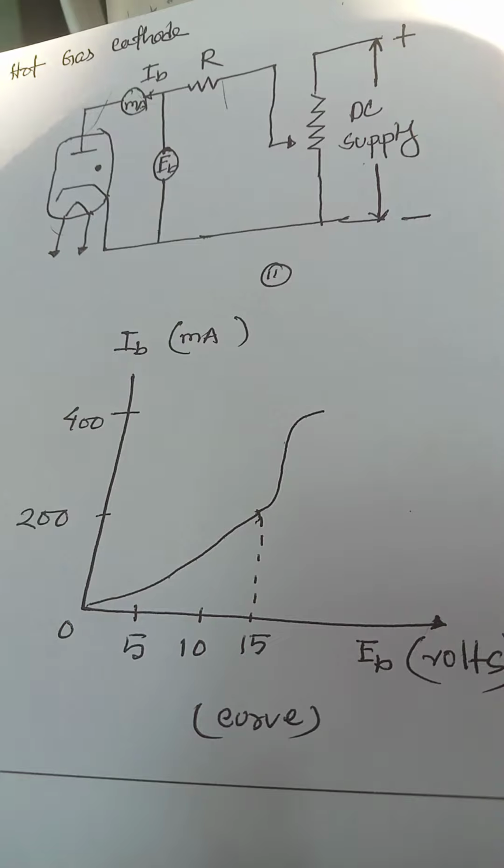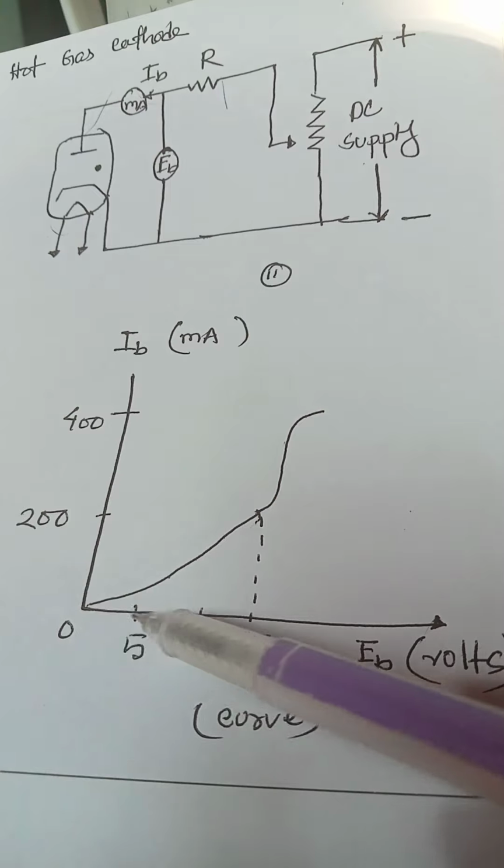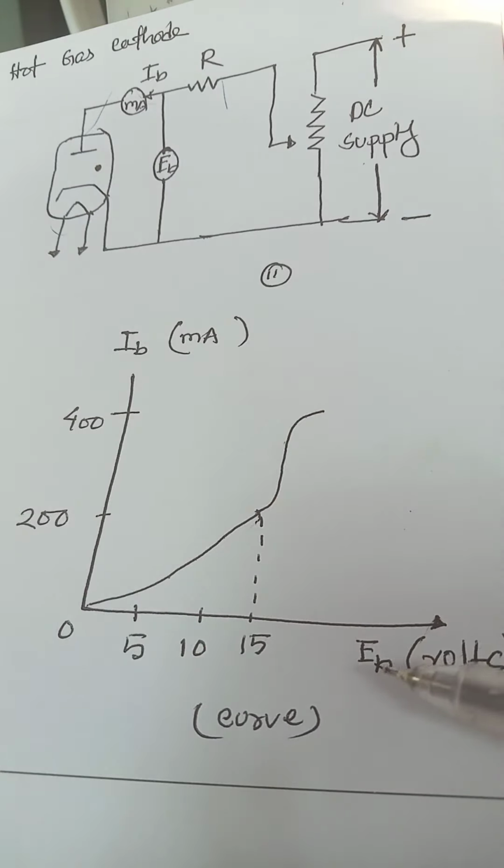The voltage across the tube increases with plate current. This action continues until the anode-cathode voltage becomes equal to the ionization potential of the gas. Once this potential is reached, the gas begins to ionize, creating free electrons and positive ions. This further reduces the tube resistance.